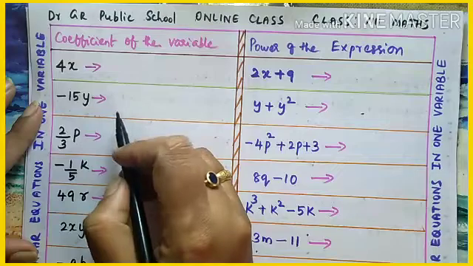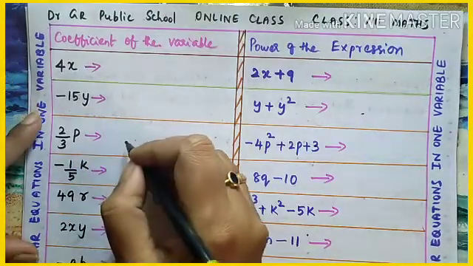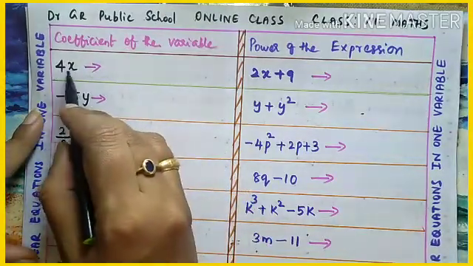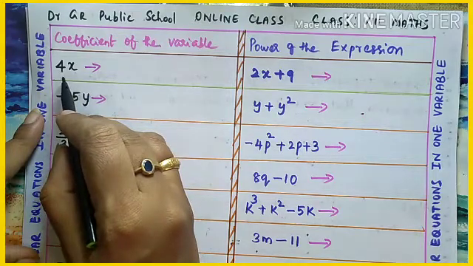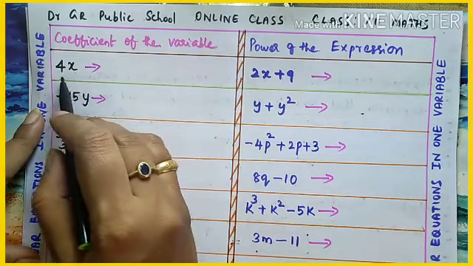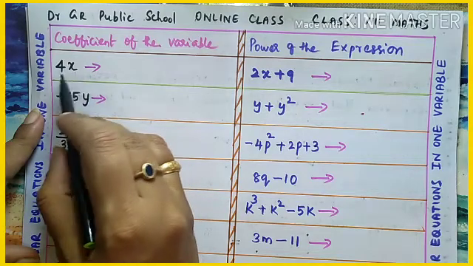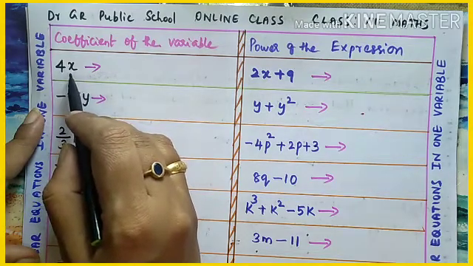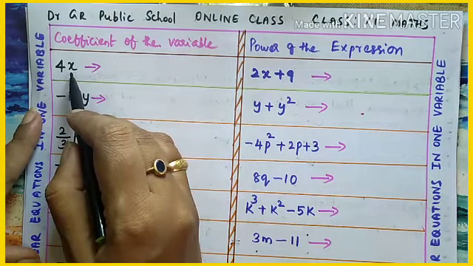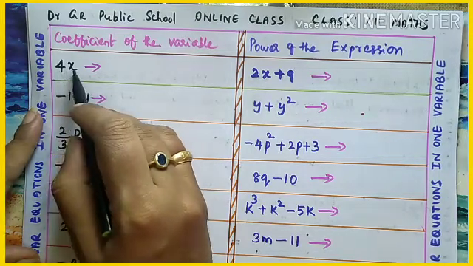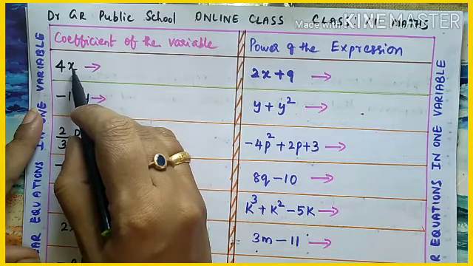What do you mean by coefficient? Coefficient means the number preceding, that is multiplied or divided by the variable, is called the coefficient. Now you see this term 4x. 4x means which operation is coming? 4 into x, that is multiplication. So 4 into x means who is the coefficient of this variable x?